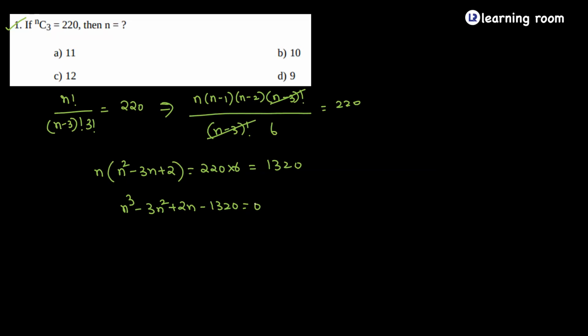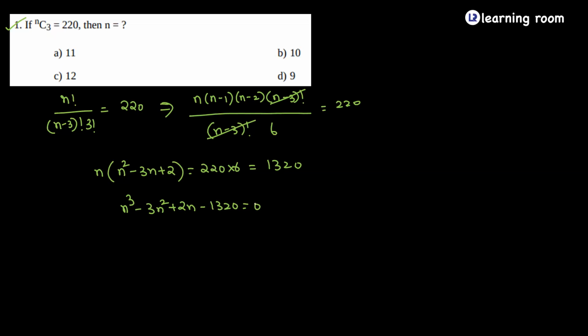11 cube is 1331. So 1331 and 11 square is 121. 363 plus 22.